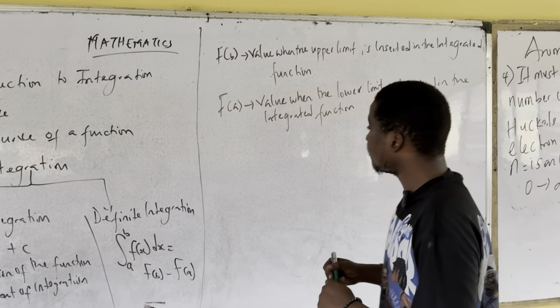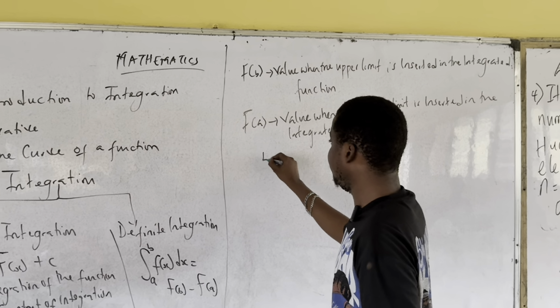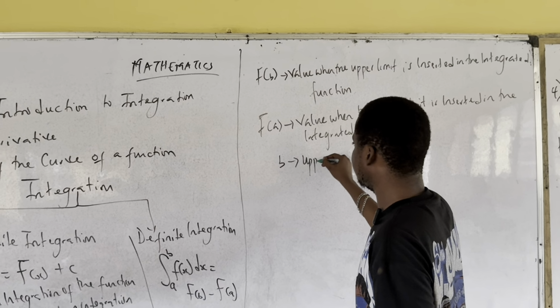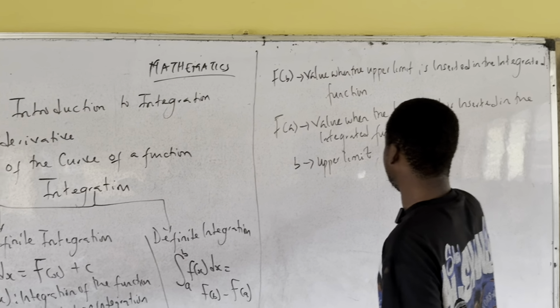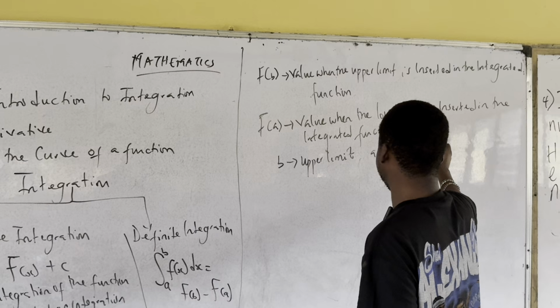So the b itself is called the upper limit, while the a there is called the lower limit.